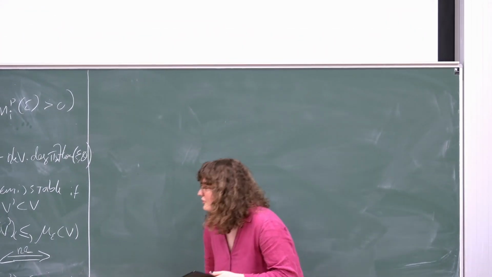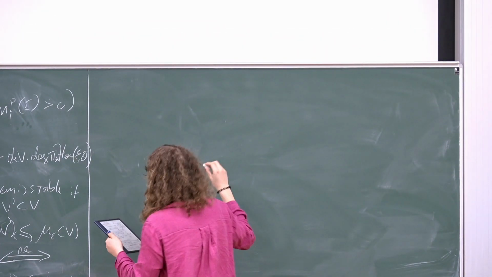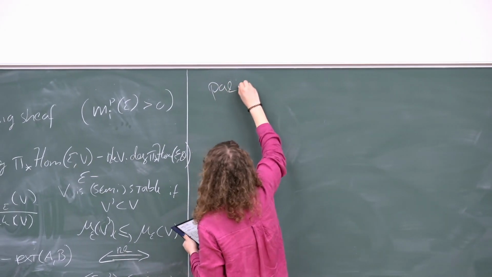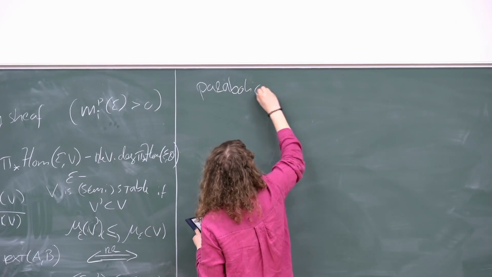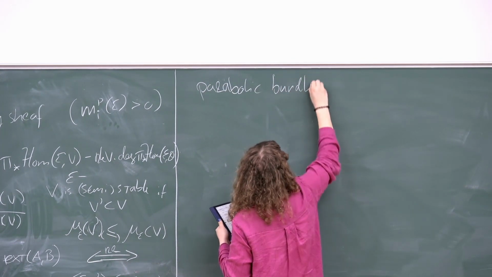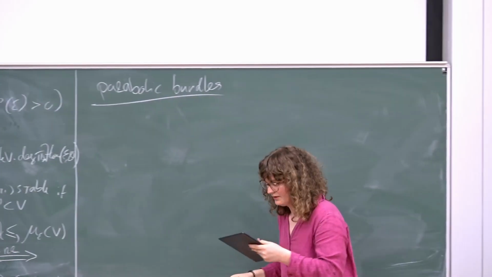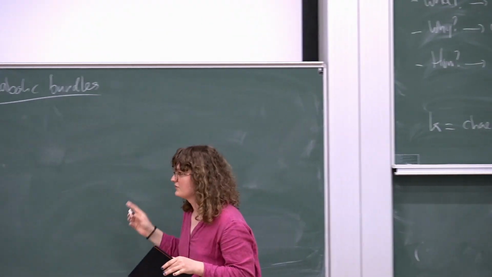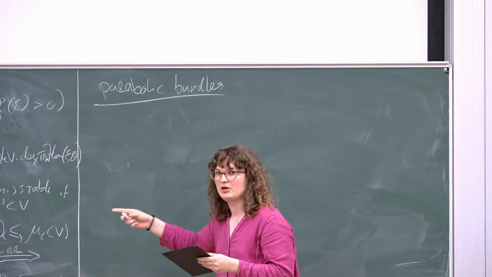Okay, so I think we now know a little bit about this, so I'll try to say something about parabolic bundles. There's a really easy way to turn a vector bundle on a stacky curve into a parabolic bundle.